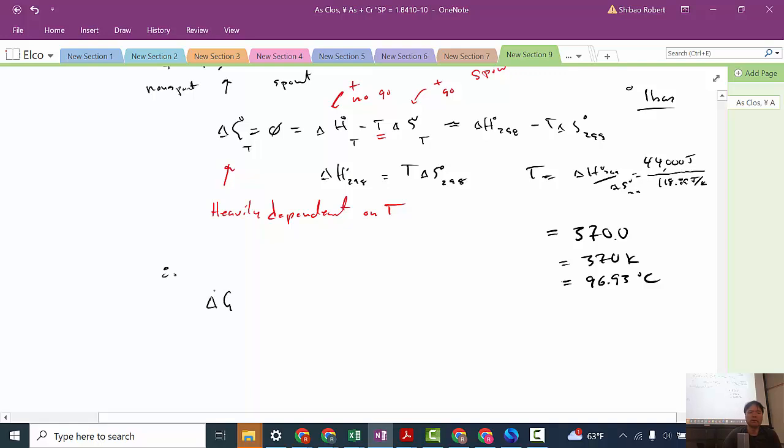Therefore, delta G at temperature T under standard conditions is not equal to nu P delta G of formation at 298 under standard conditions of the products minus nu R standard delta G of formation of the reactants. This equation fails. Even though people in Chem 1B try to apply this, it fails. It's not equal to this.